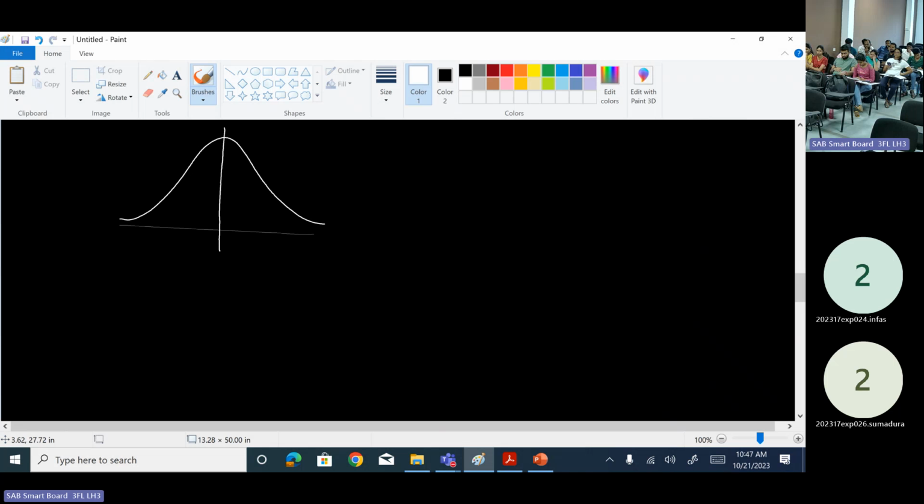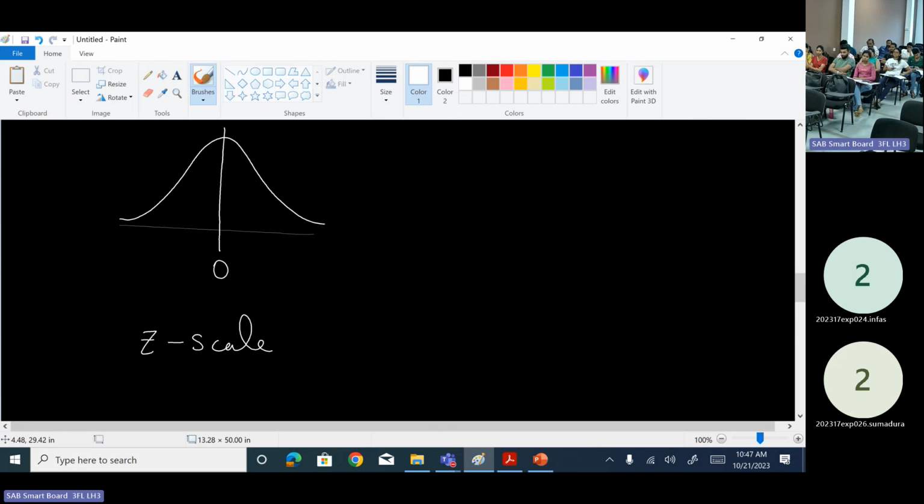When we draw a Z scale sketch, we set 0 here. Why do we put 0 here? Because the Z variable's mean value is 0.